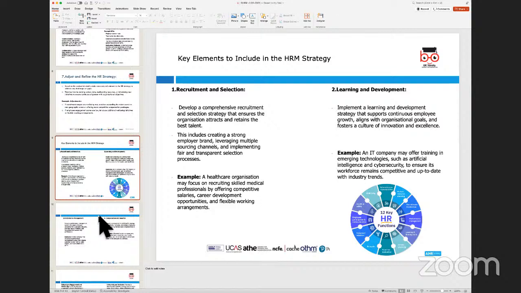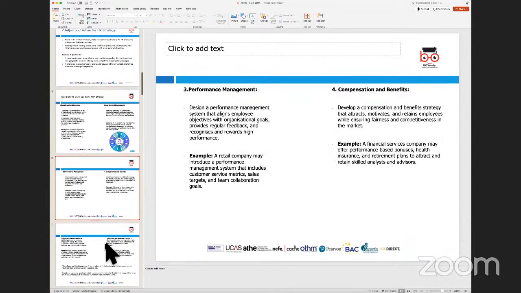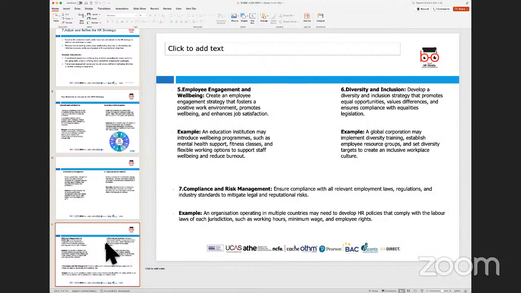So when we say what are the elements that HR uses, or what are the key components of the strategy, the key components are essentially the basic set of activities which HR carries out. And that is what I've listed here in this slide. So in all organizations, generally, you would see 6 or 7 of these activities being part and parcel of what HR is expected to do.